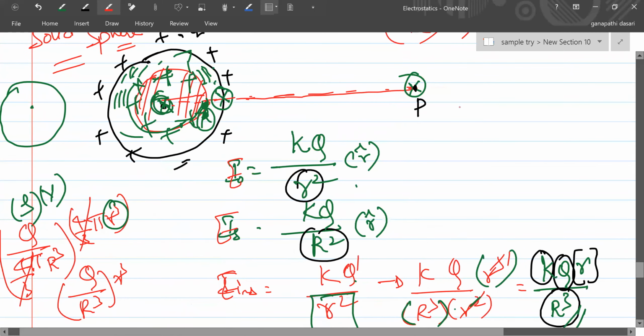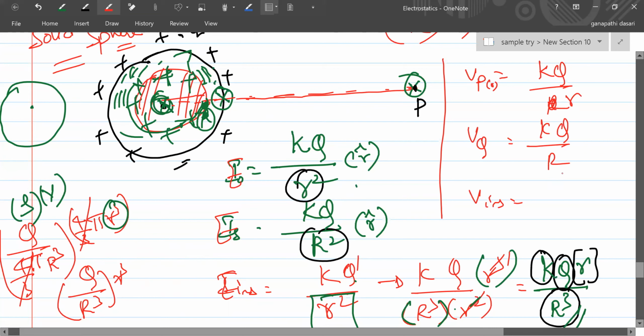For a solid sphere, with charge distributed over the entire volume, the potential at an outside point will be k q by r. We can consider the entire charge to be present at a point mass. On the surface, it is k q by capital R. But the inside point will not be that value.